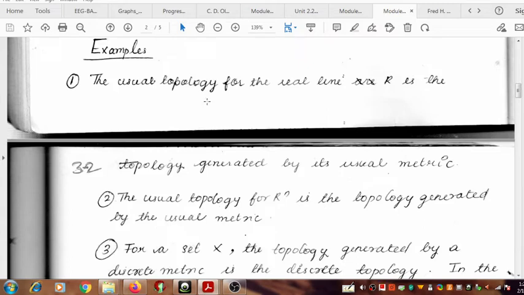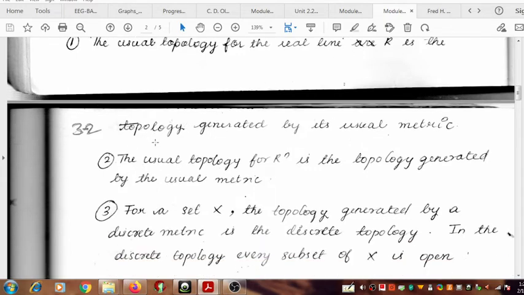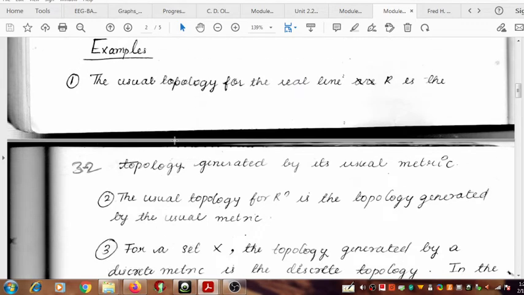By considering the collection of all the open sets determined by that usual metric, we can make the space R a topological space. The corresponding topology is called the usual topology on R, the topology generated by the usual metric on R.